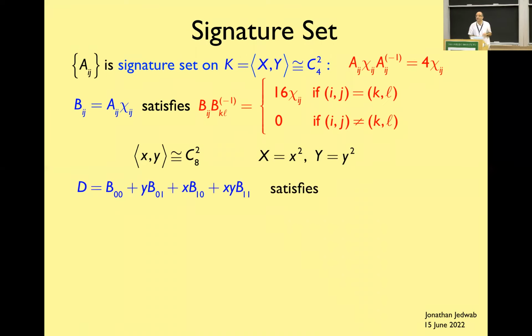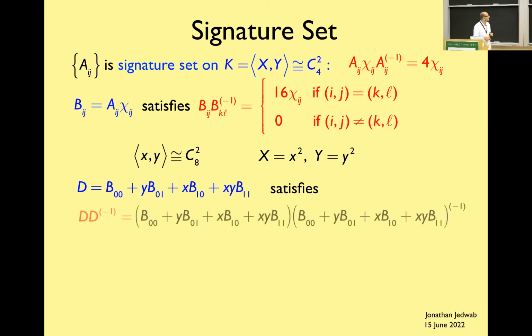And now I'm going to form, here's my D, my different set, as you'll see. I'm going to form this sum. So I take the B's and I add coset representatives of K inside C8 squared, and I attach one coset representative to each of the B's. And what do I get? Well, we've done all the work.